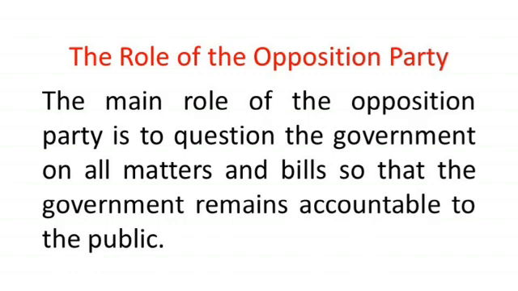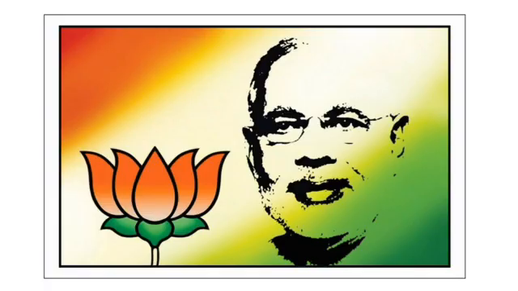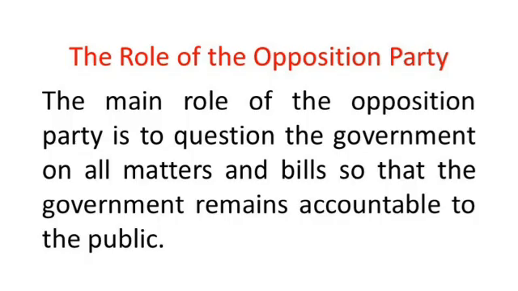The opposition questions the government in all matters, especially when a bill has been drafted and is made an act. Especially in those cases, the opposition party always opposes various matters so that the government is made more responsible for everything that it does. And the ruling government is always very conscious about what decisions they take because they know very well that they will be made accountable for everything.